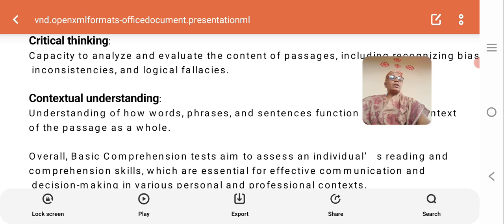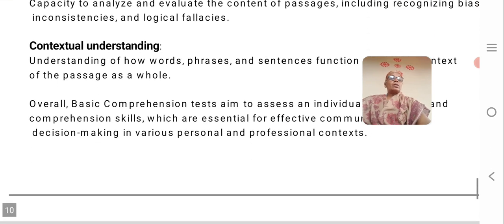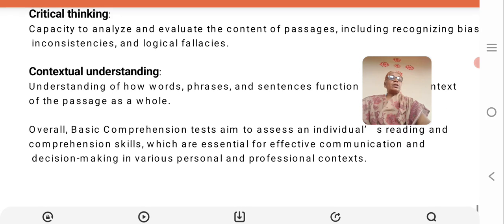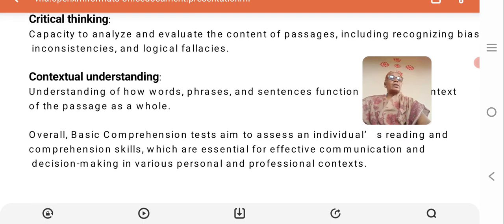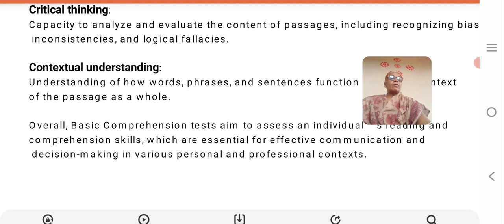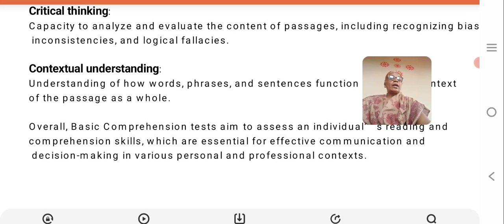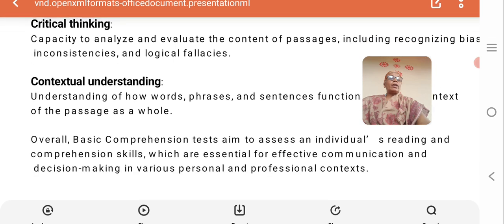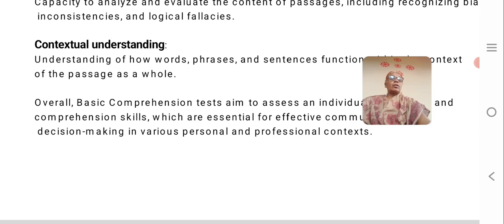Understanding how words, phrases, and sentences function in the context of the passage as a whole improves our contextual understanding. To summarize, comprehension skills aim to assess the individual's reading and comprehension, which are essential for effective communication and decision making in various personal and professional contexts.